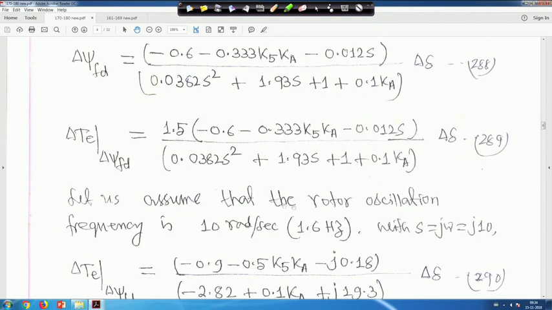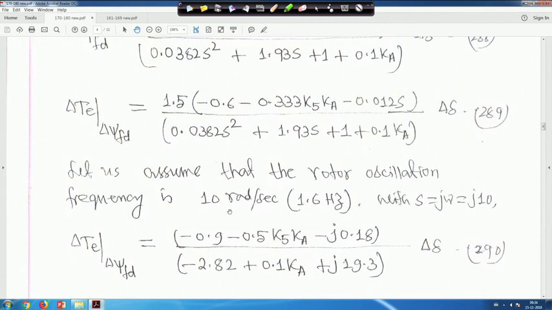Now, let us assume that the rotor oscillation frequency is 10 radian per second, that is 1.6 Hertz. With S equal to j omega equal to j10, if you take omega equal to 10 radian per second, since omega is equal to 2 pi f, we get the frequency as 1.6 Hertz. Our main interest for rotor oscillation is generally between 0.2 to 2 Hertz.